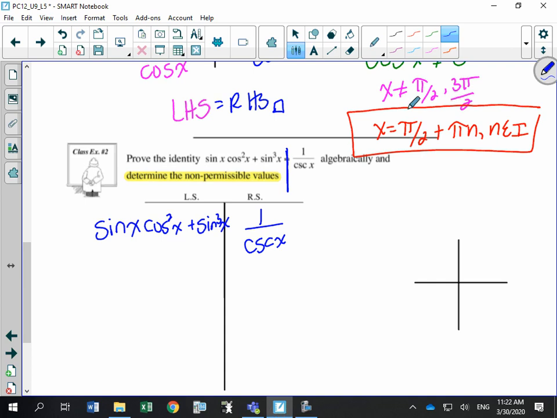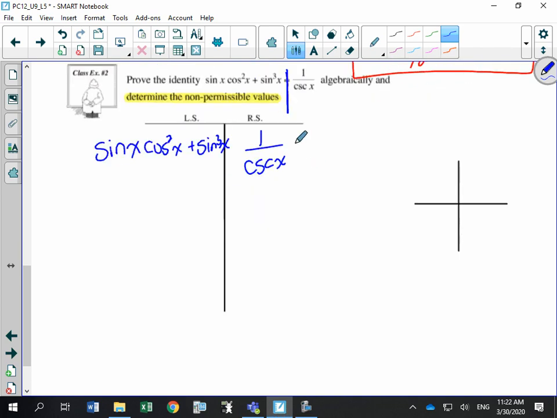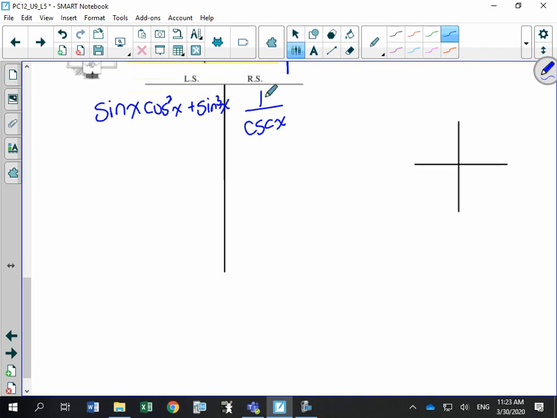Okay, again, the book sort of recommends always starting on the most complex side, which is the left-hand side. However, I like to look at this and say to myself, okay, what could this become? How could I rewrite this right-hand side, which is the simpler side? So cosecant of x, the identity for this is 1 over sine of x.